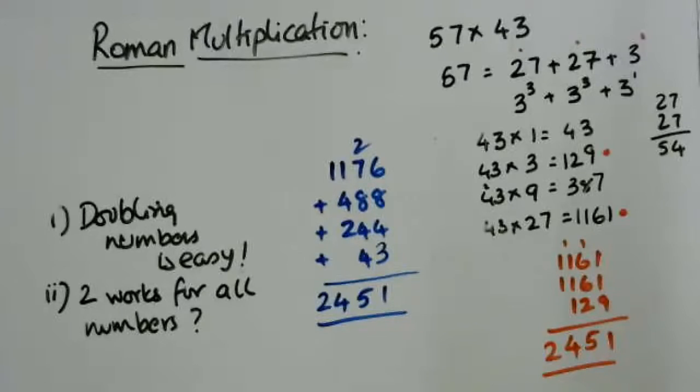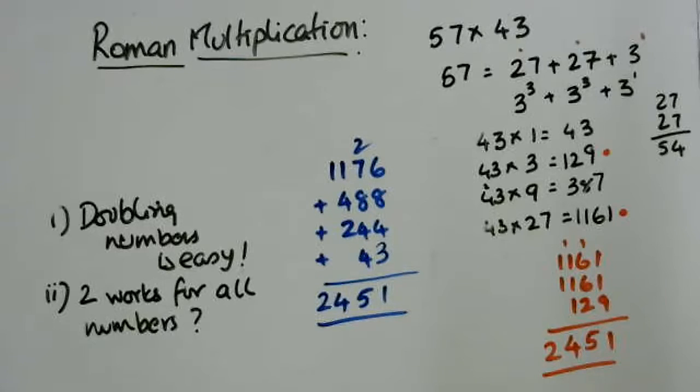So, the other reason that I think why this method would have been sufficient for the Romans is that in those days, why would you require to find out the multiples of very large numbers? I mean, a number like 57 times 43, I can still understand.